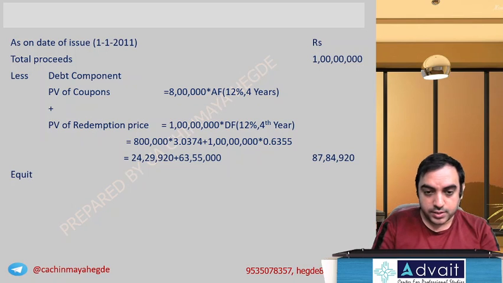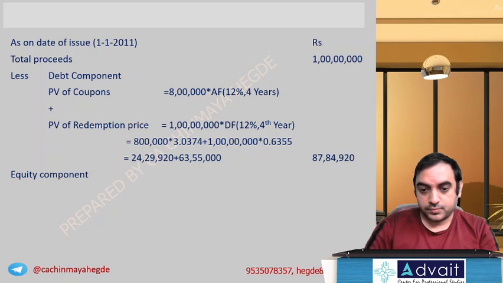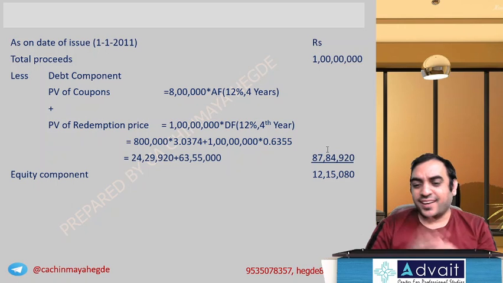The equity component, the balancing figure, is 12 lakh 15,008. Some rounding off here and there can differ, but approximately this number you should get.